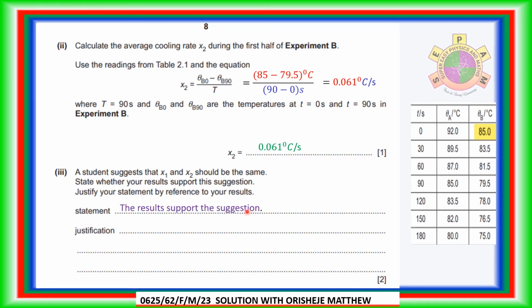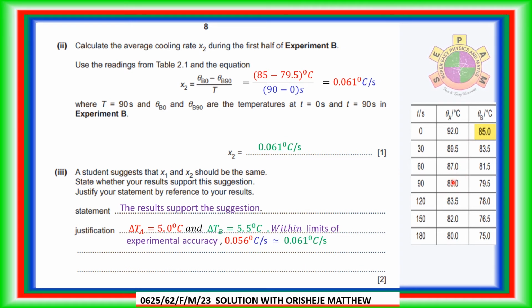So why do I say it supports the suggestion? Now, the temperature change for this first half here is 5 degrees. So if you look at it, 5 degrees was the temperature change, that is from 85 to 80. This one here is from 85 to 79.5.